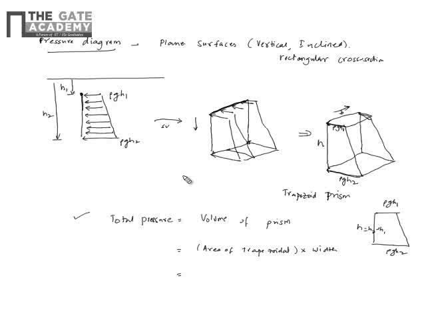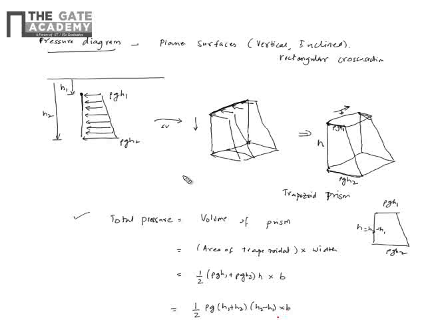So area will be half of the mean, which is rho g h1 plus rho g h2, half of that mean, into the distance h. Width is b, so this is the volume. So rho g, h1 plus h2 into h, and I can always write h2 minus h1, into b.